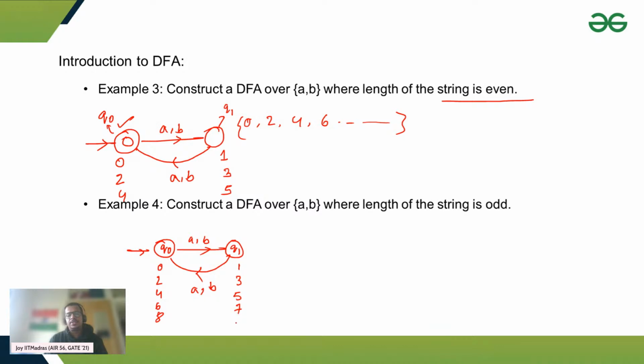Since the length of the string should be odd, Q1 will be our final state. For the above case, Q0 was the final state; for this case, Q1 is the final state. Here the initial state and final state are different. So this is the DFA for the strings with odd length.